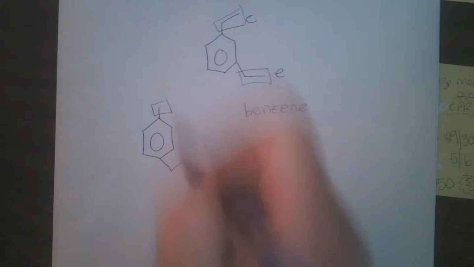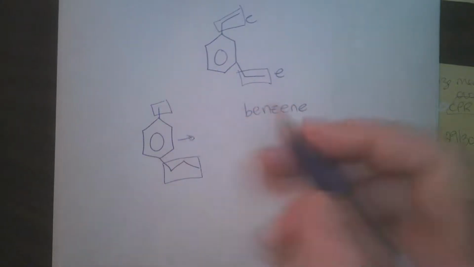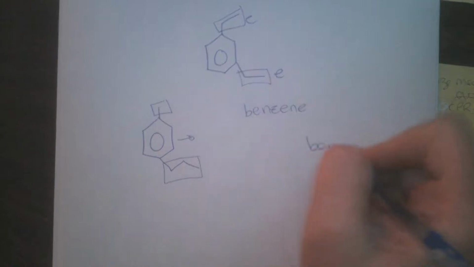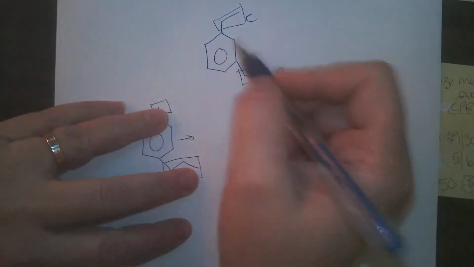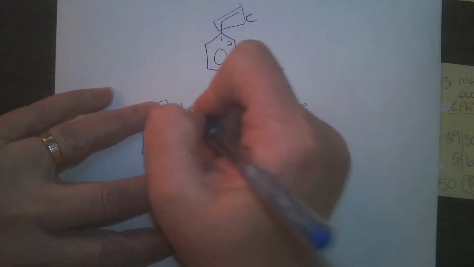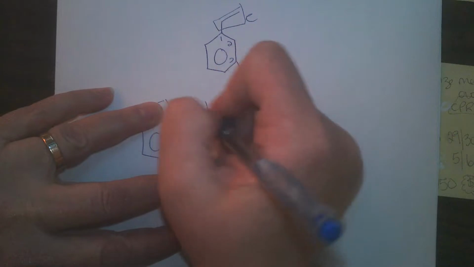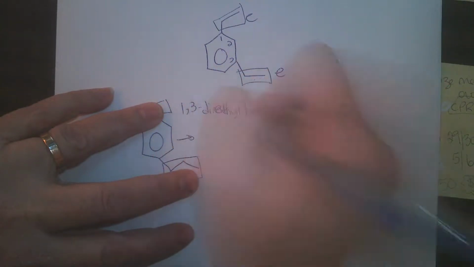So these are side chains. This is going to be our main chain, so benzene. Oh, we didn't finish naming the first one. They're both ethyls. 1, 2, 3. So 1, 3 dimethyl, diethyl benzene.